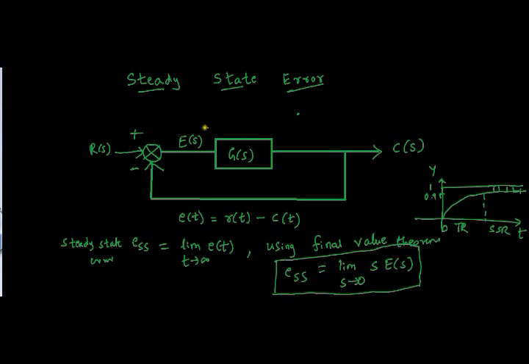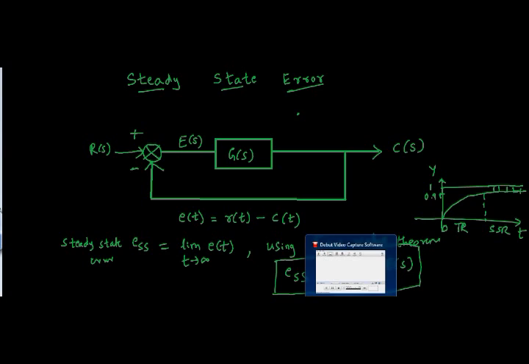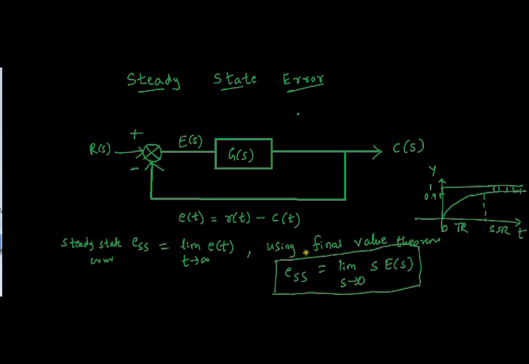Now we'll try to find the value of E(s) in terms of R(s), G(s) or C(s), and then we can simplify this equation further. Then we can define the steady state error in general for any type of control system with unity negative feedback.